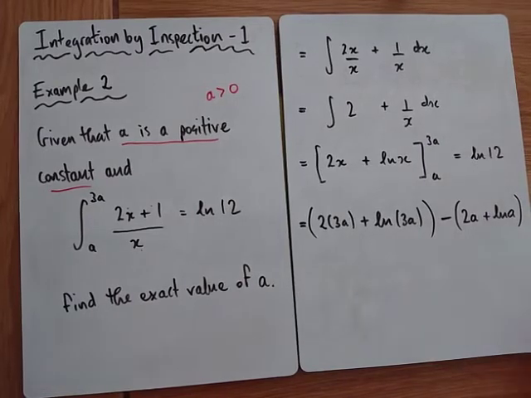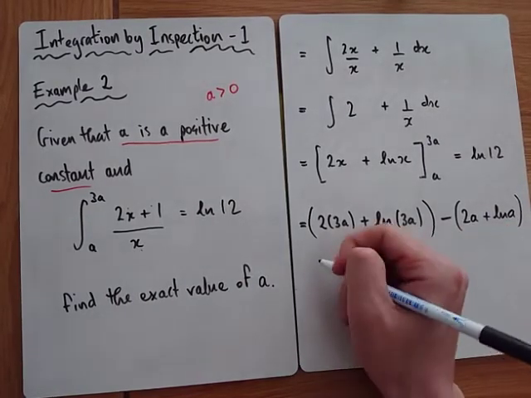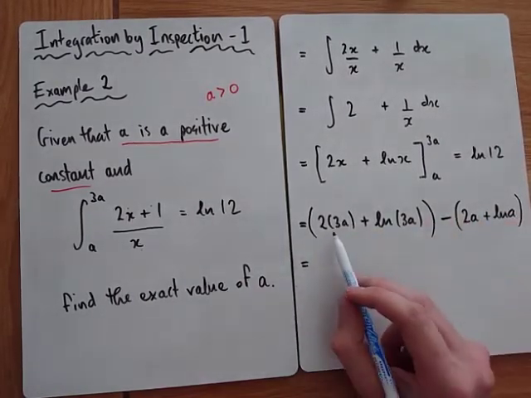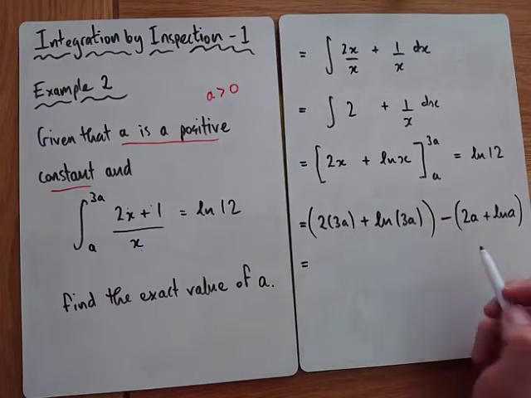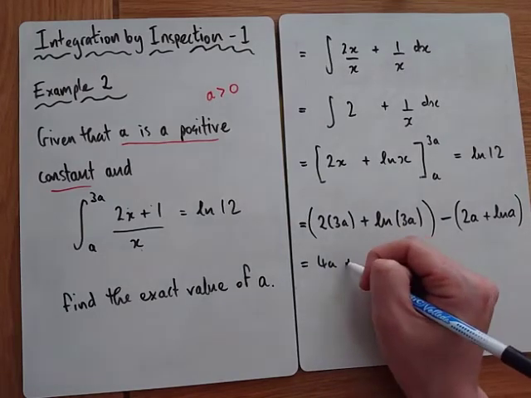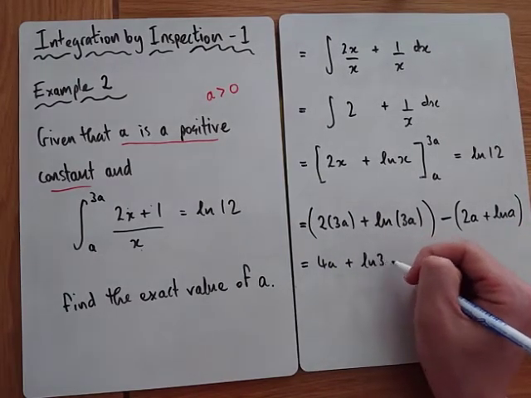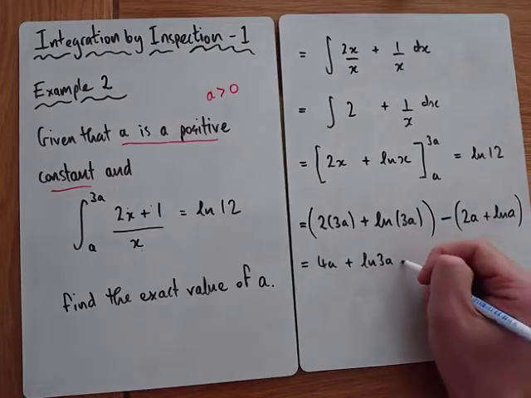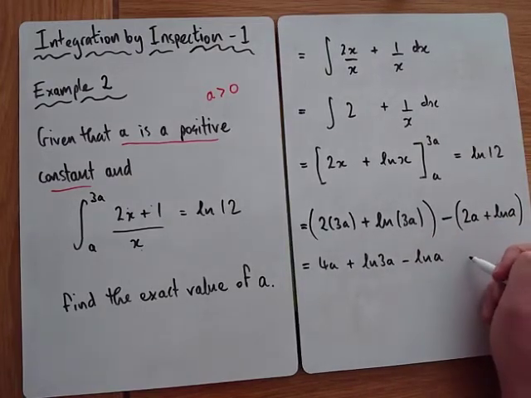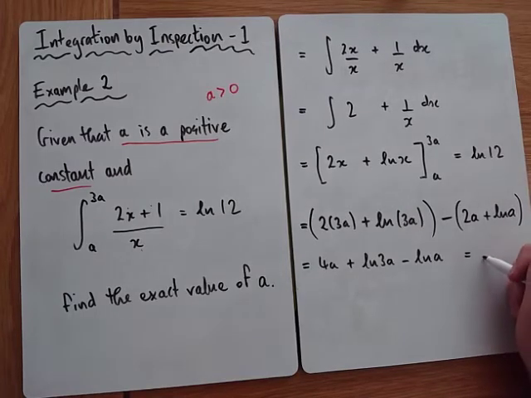All this is equal to ln 12. I've run out of space, but I'll tidy it up and set it back equal to ln 12. So let's see what we've got. We've got 6a minus 2a, so we've got 4a, plus ln of 3a minus ln of a, and all of that is equal to ln of 12.